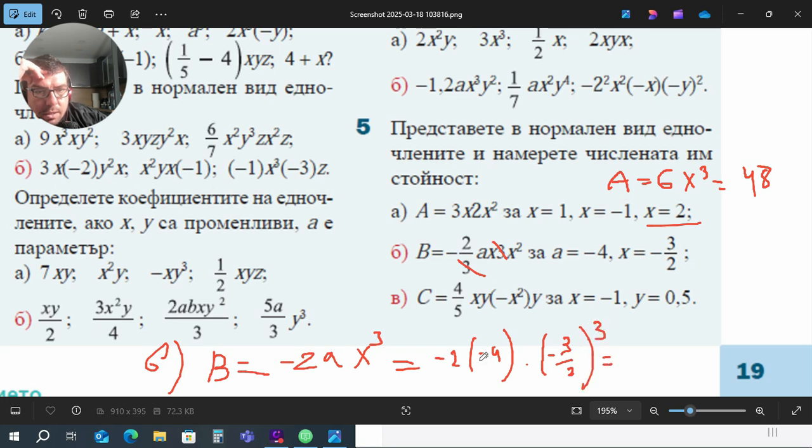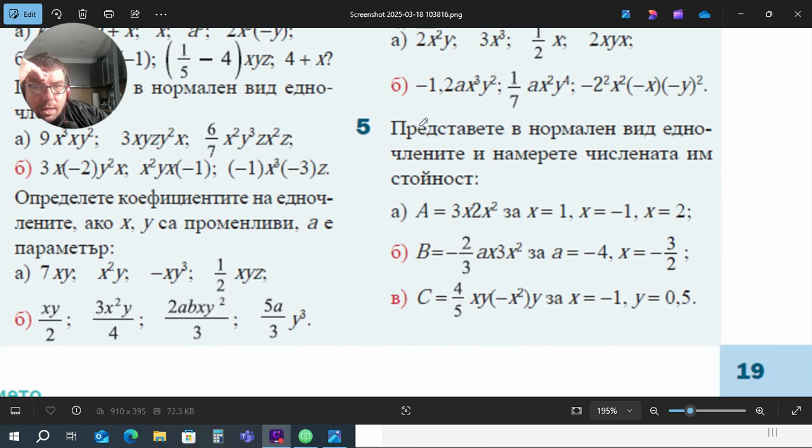So this is minus times minus is plus 8. The minus here is preserved because of the third power. So I have minus 27 over 8, cancel, and I get minus 27. Okay, so far so good.